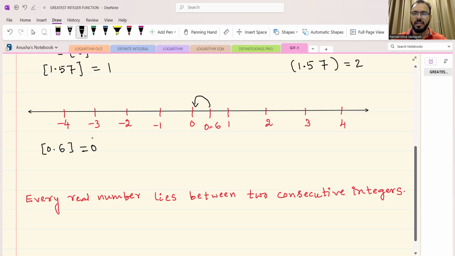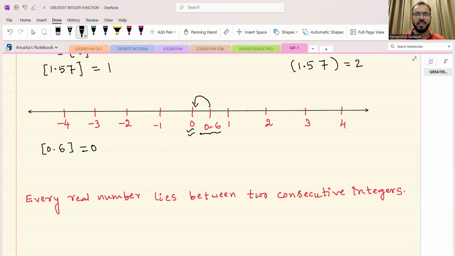Why do we call it the greatest integer? Less than 0.6, there are several integers: 0, -1, -2, -3, -4. Among those, 0 is the greatest one. So here, the integral part of 0.6 is equal to 0.